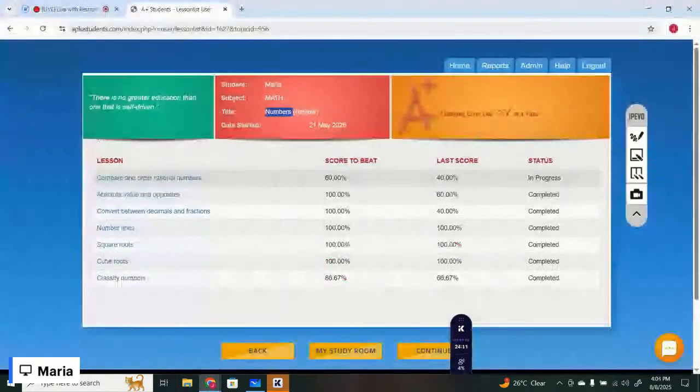So here I'm on grade 9 math. Compare and order rational numbers.